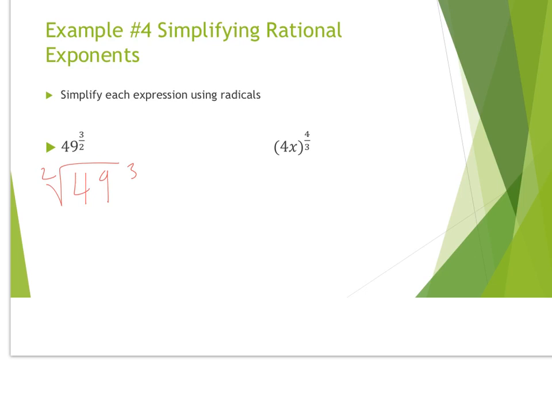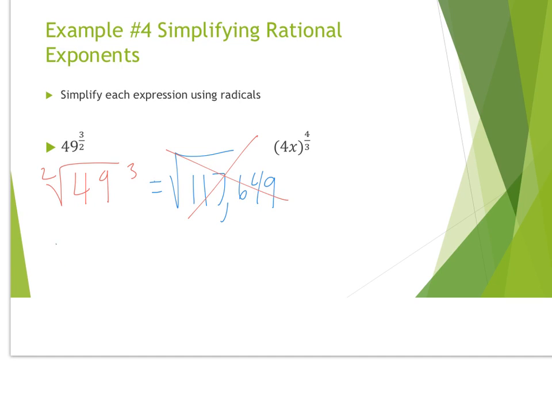Now we're going to simplify this radical like we did in our first example. 49 to the third means 49 times 49 times 49. That would give us 117,649. We really don't want to simplify that number. It would take us too long.